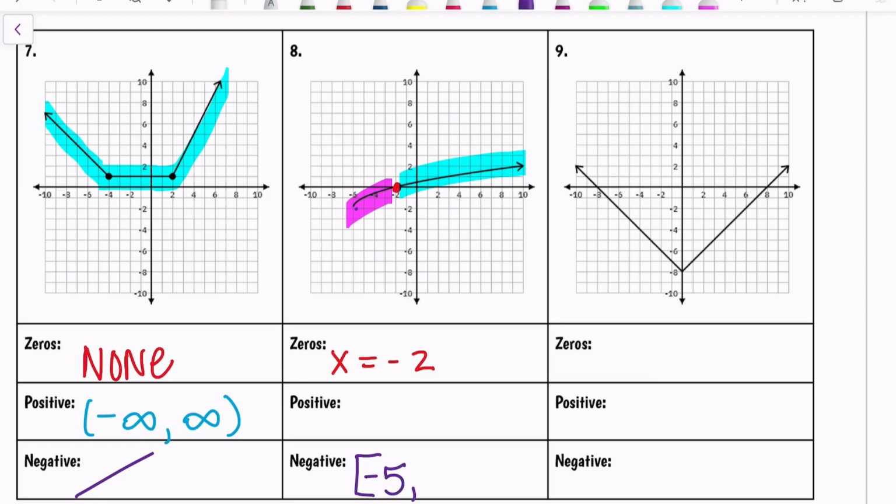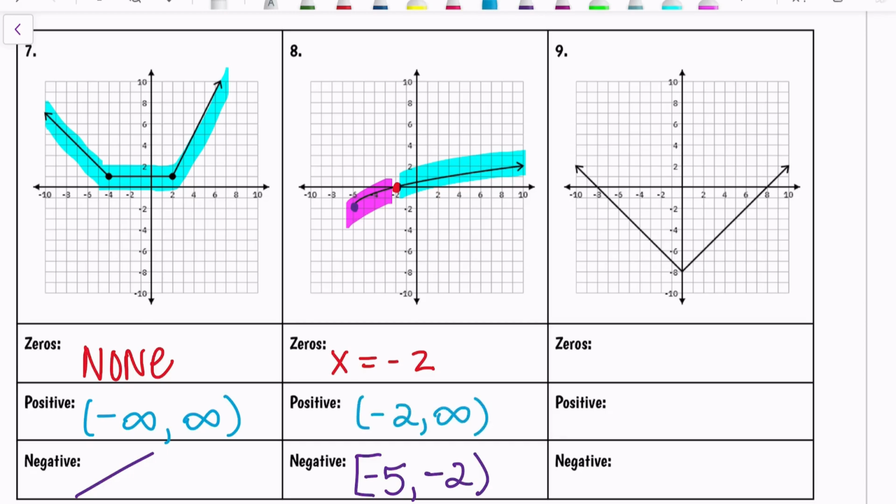Very rare scenario that I use one, and it's because that x value, -5, is a negative value. It is below the x-axis. It stops there. And it's going to go right until -2, and it's going to be below until that 0. And I'm going to use a parenthesis there because we don't call zeros negative or positive. It's just 0. All right, the positive section goes from -2 to infinity.